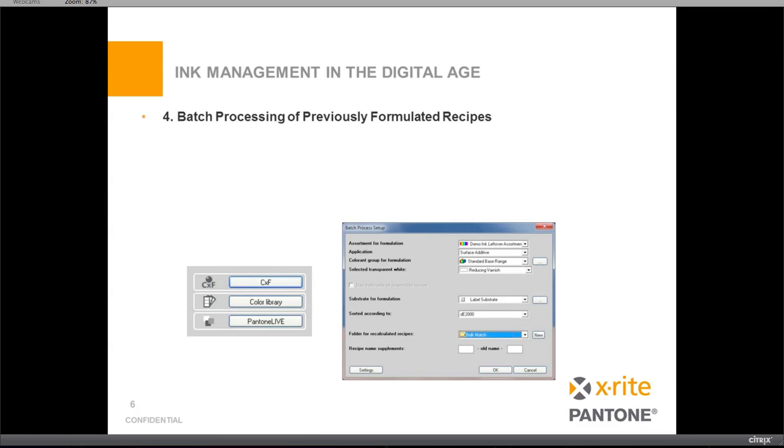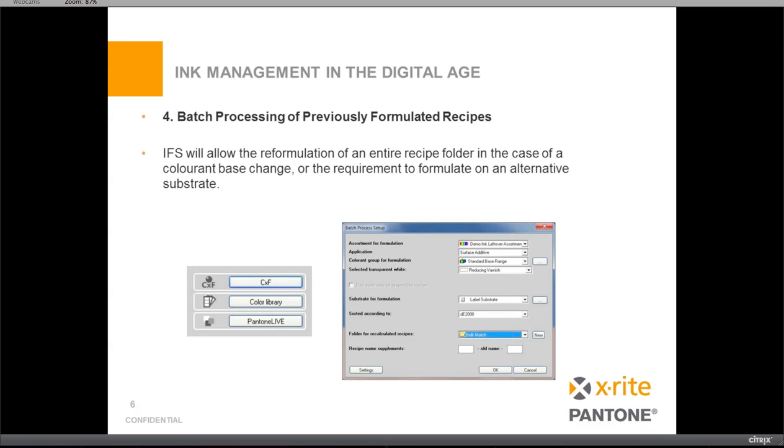In addition to this, what is also possible within ink formulation is, if you have existing recipes, which could be generic or customer specific, then using the batch processing option, it will allow you the seamless reformulation of every recipe within a particular folder to a different set of conditions.